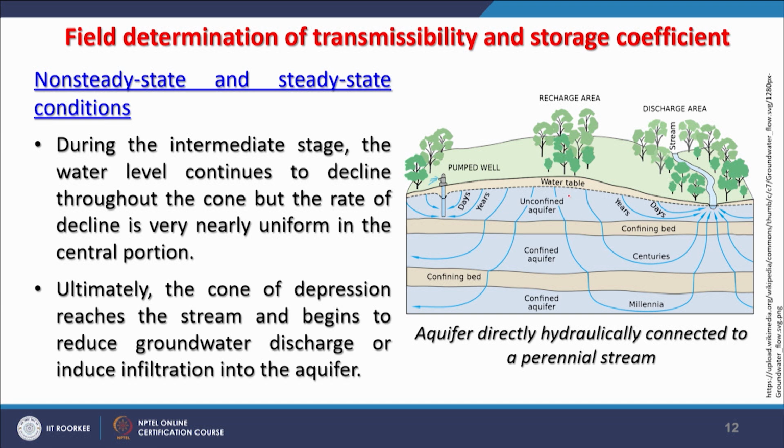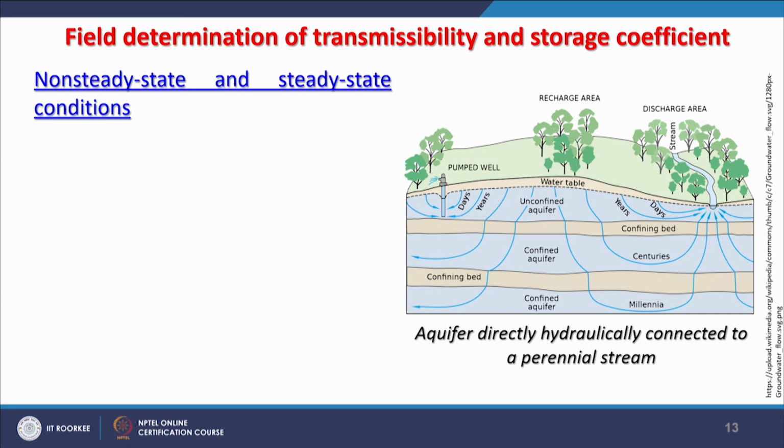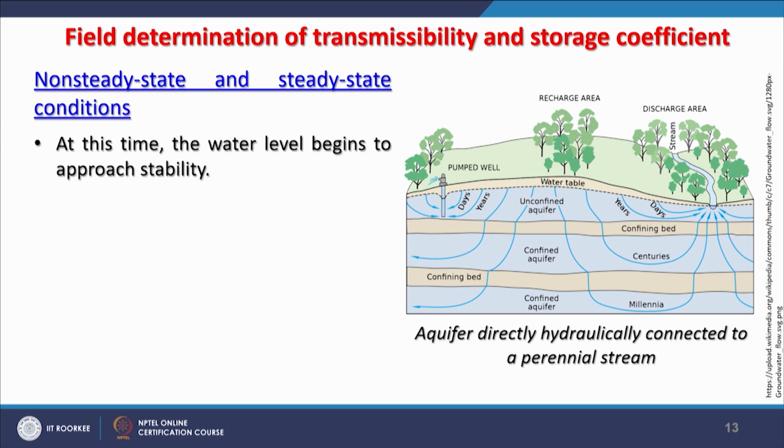In unconfined aquifer conditions, it can reach the stream, and in this example the stream is discharging. It begins to reduce the groundwater discharge or reduces infiltration into the aquifer, and that may create some problems, but it depends on how things are on the ground.